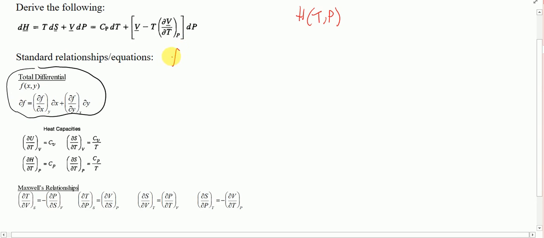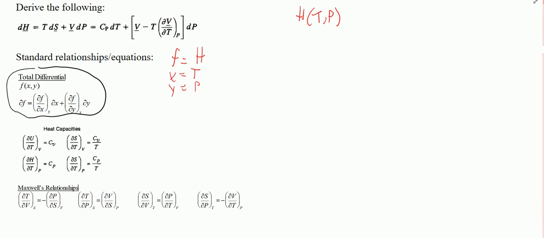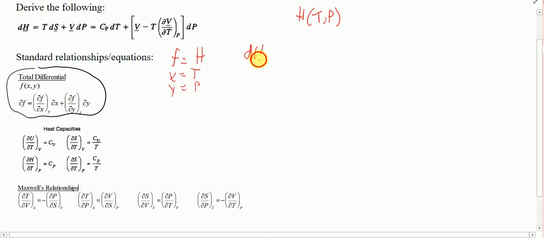We know that f is equal to H, x is equal to T, and y is equal to P. So we can just plug the variables into the total differential, and here is what we will have: dH is equal to (dH/dT) at constant P dT plus (dH/dP) at constant T dP.